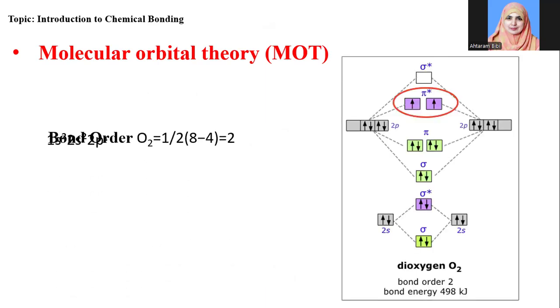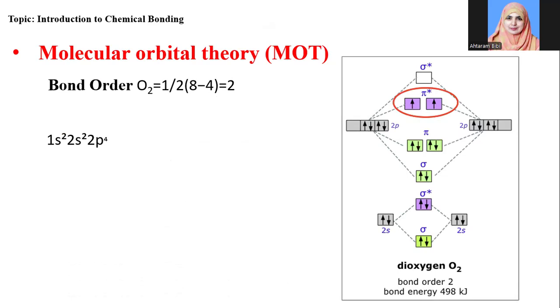Now we can see here the bond order of the oxygen molecule. Oxygen has the electronic configuration 1s2, 2s2, and 2p4. Only the outermost orbitals participate in chemical bonding, so the 2s2 electrons and 2p4 electrons will participate to form the molecular orbitals.